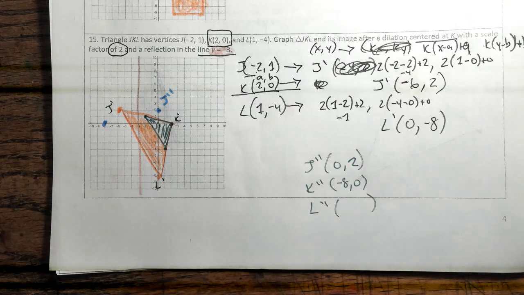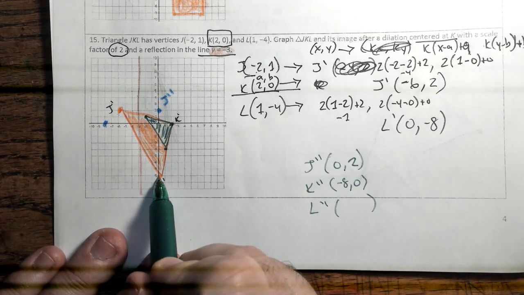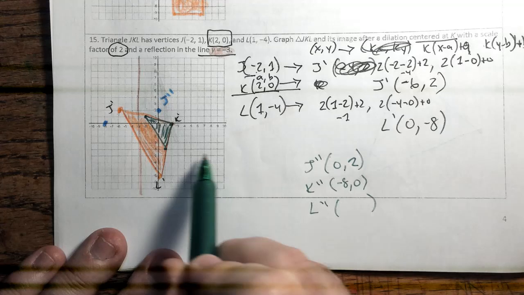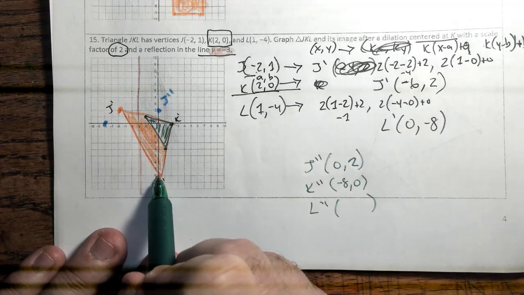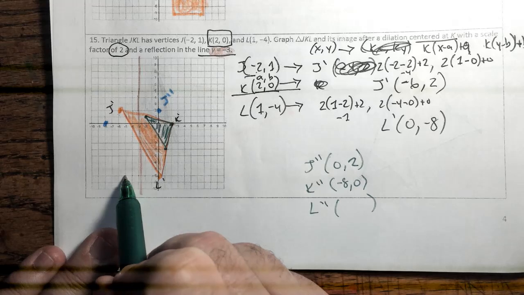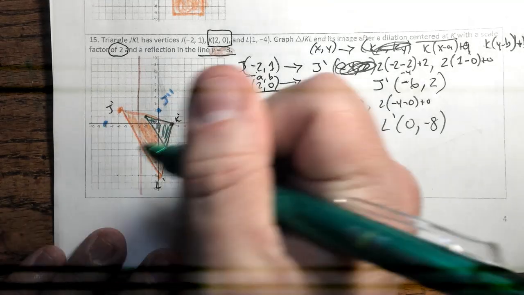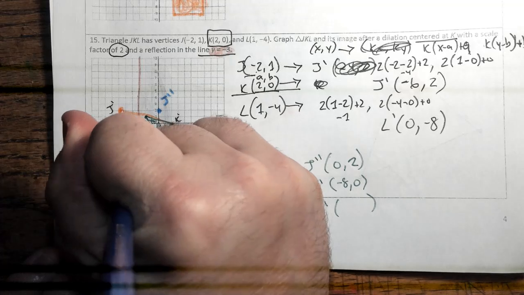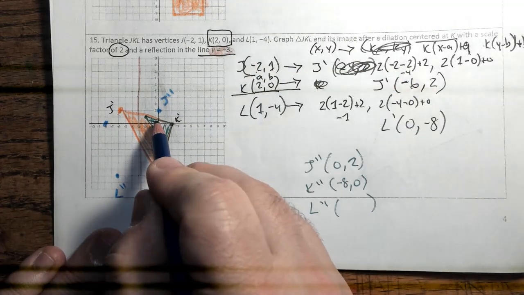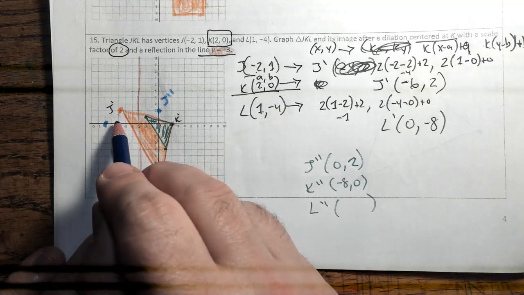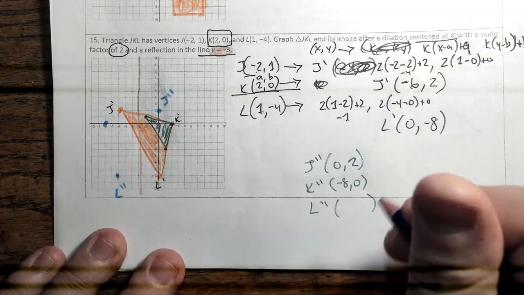All right. Where was L? L was 0, negative 8, so it's 1, 2, 3 over, so 1, 2, 3. I'm just going to touch it there. This is L prime, which is going to be negative 6, negative 8. Whoops.